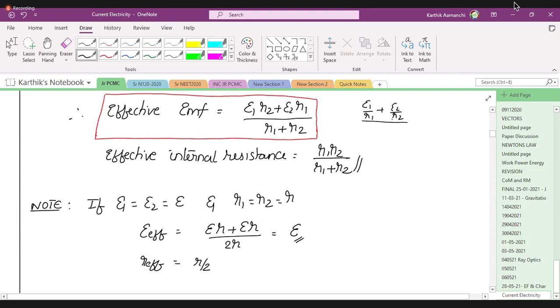Divided by, since you are dividing this with R1 R2, this also you have divided with R1 R2, isn't it? Yes or no? Yes, sir. 1 by R1 plus 1 by R2.